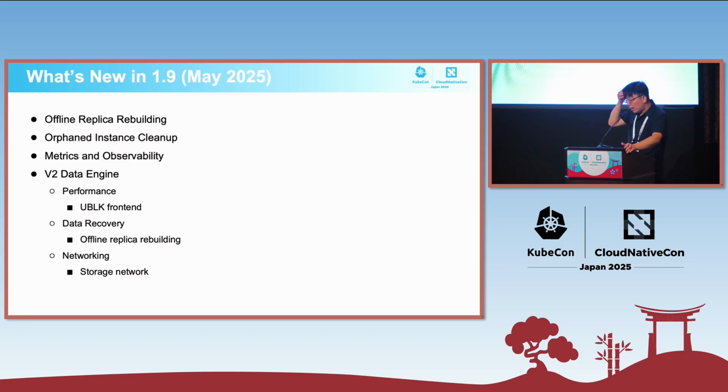If there is any orphan engine process or orphan replica process, Longhorn can be aware of this and clean them up to save your computing resource or memory resource. We also improved the metrics and observability in 1.9. And for the V2 data engine, we introduced the ublk front end to improve the I/O performance. We also introduced offline replica rebuilding and storage network for the V2 data engine.